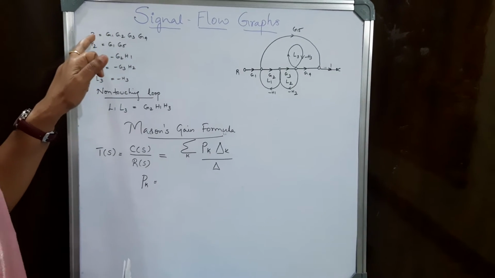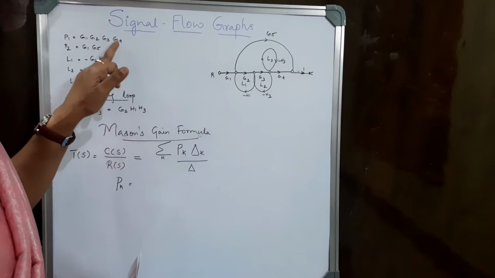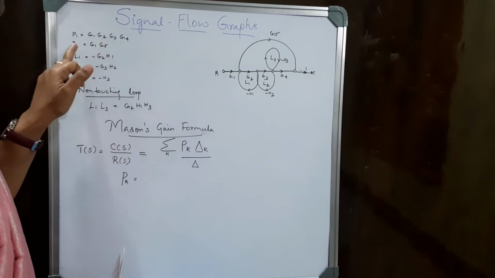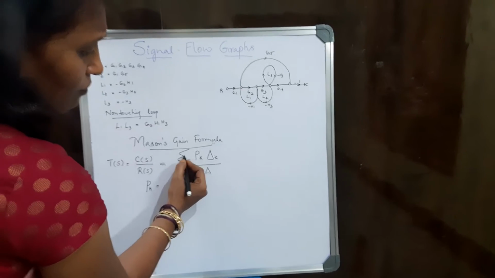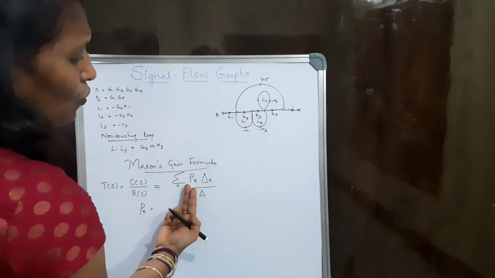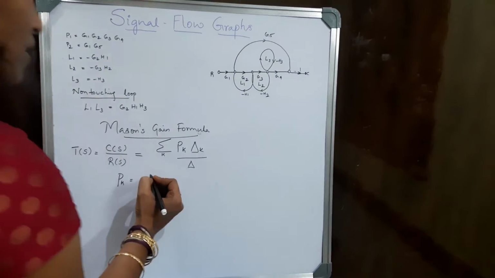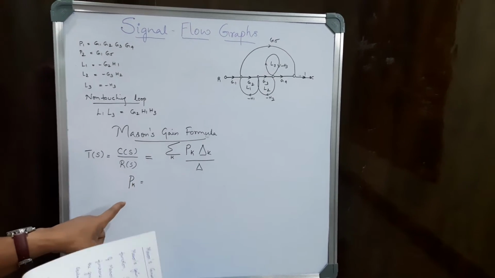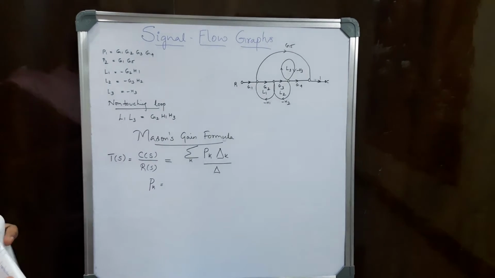So obviously respectively we have G1, G2, G3, G4 as the gain of forward path P1, and G1 and G5 for forward path 2. So here in summation K, this K becomes 2 because we have two forward paths. So Pk is the gain of the kth forward path between R of S and C of S.